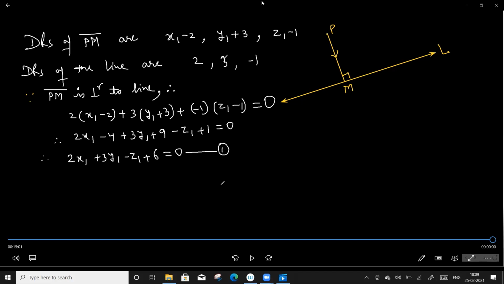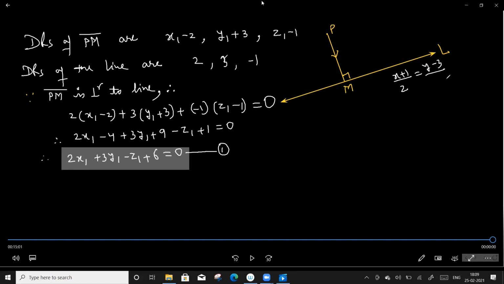Now, the next step: we know the equation of this line. The equation of this line was (x plus 1) upon 2 equals (y minus 3) upon 3 equals (z plus 1) upon minus 1.